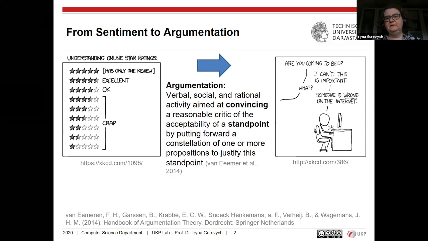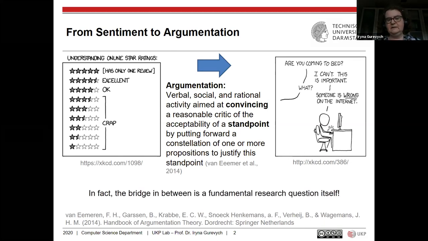One of the widespread definitions of argumentation is as follows. Argumentation is a verbal, social, and rational activity aimed at convincing a reasonable critic of the acceptability of a standpoint by putting forward a constellation of one or more propositions to justify the standpoint. In fact, the bridge between sentiment and argumentation is still a fundamental open research question in itself.